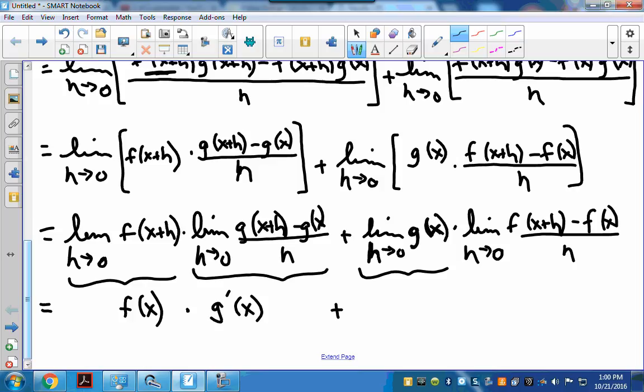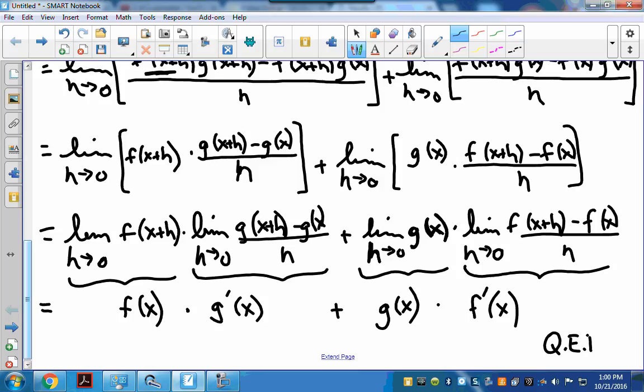So g of x remains g of x. Doesn't matter that h goes away. There's no h in the expression, so we don't have to worry about that. And by definition, this is f prime of x. Okay, and that's exactly what we were supposed to show. So we are finished with this proof, QED.